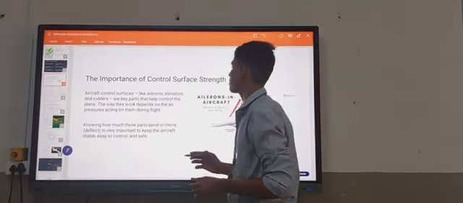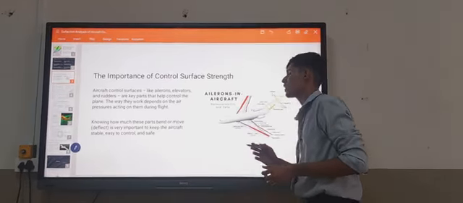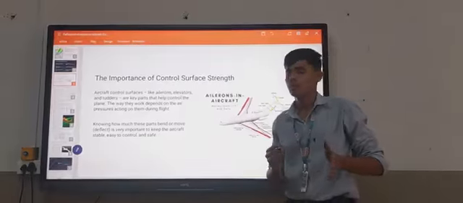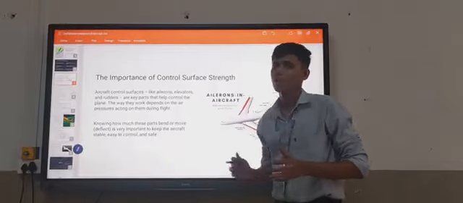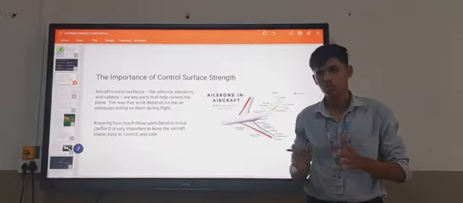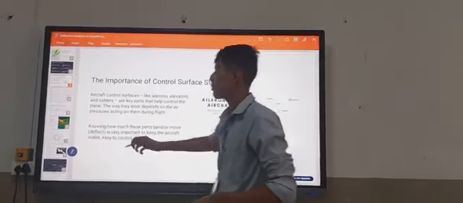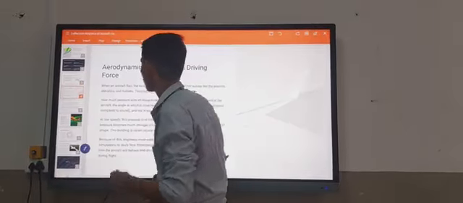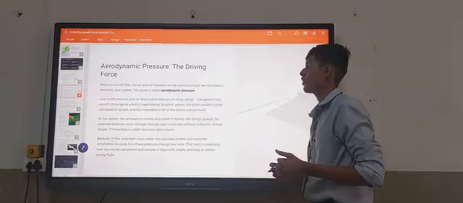How much these parts bend or deflect is very important to keep our aircraft stable. With the help of control surfaces, we can move our airplane very smoothly and easily during flight.